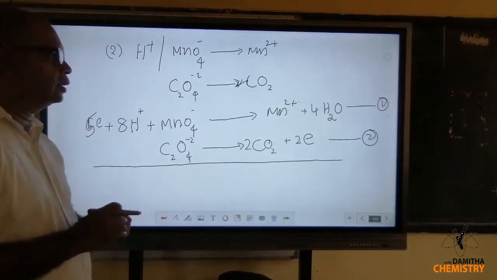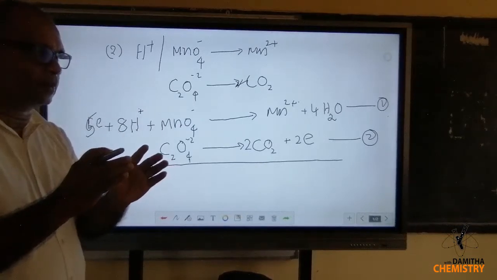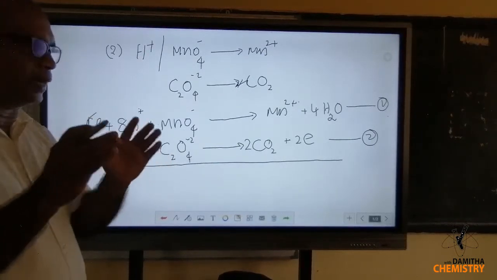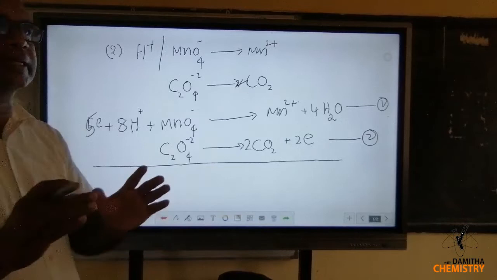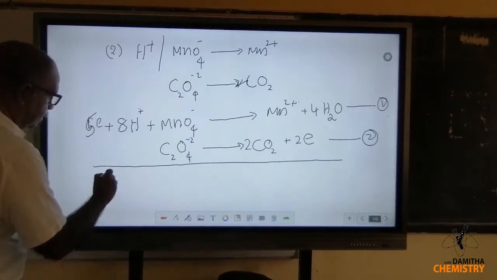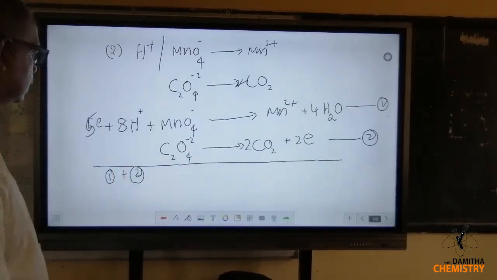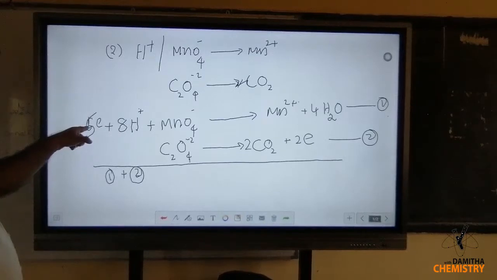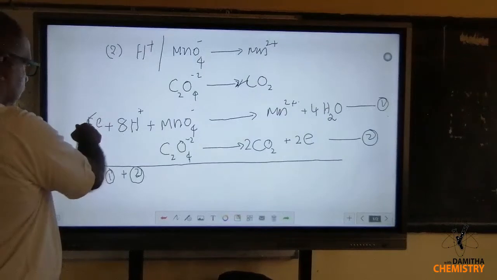Add the oxidation half ionic reaction and the reduction half ionic reaction together by cancelling electrons. But the first equation has 5 electrons, the second has 2. Can't cancel.